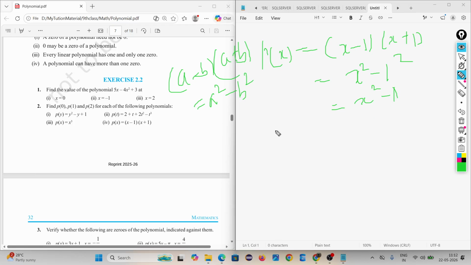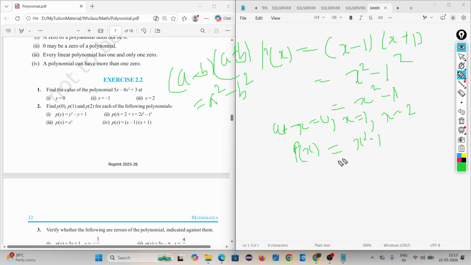Now find the value of this polynomial at x equal to 0, at x equal to 1, and x equal to 2. So first case, p of x equal to x square minus 1.